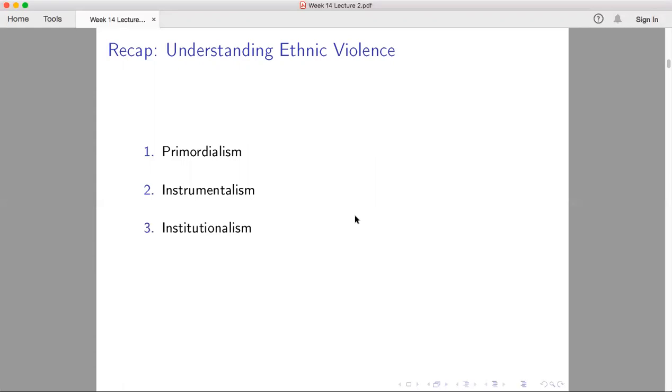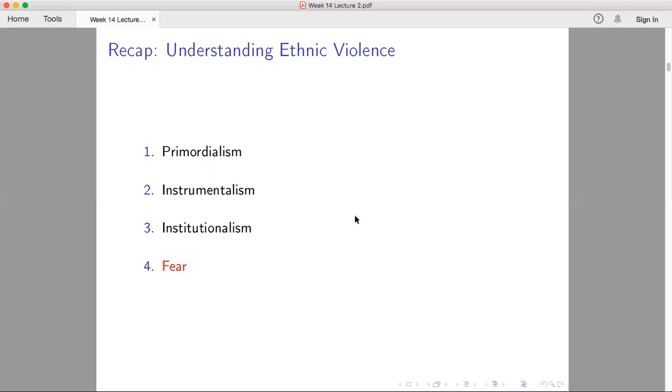The institutional perspective looks at the role that institutions in society, whether political or social, have in making ethnicity salient to people and making it something that people might want to mobilize around for violence. And to those three perspectives, we're going to add one more for the purposes of this lecture, which is fear.